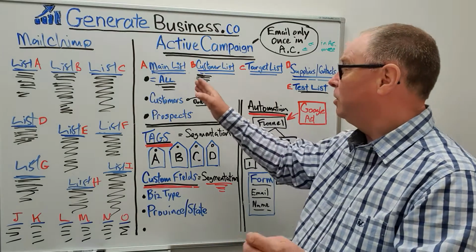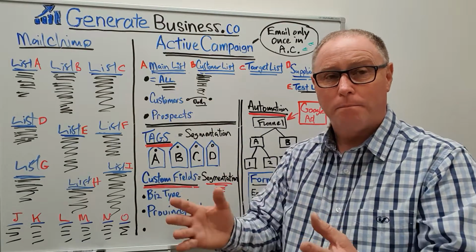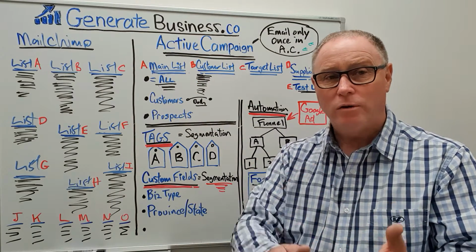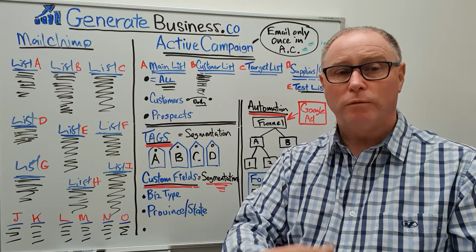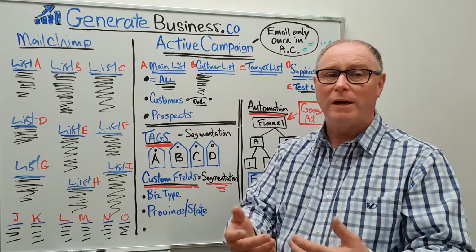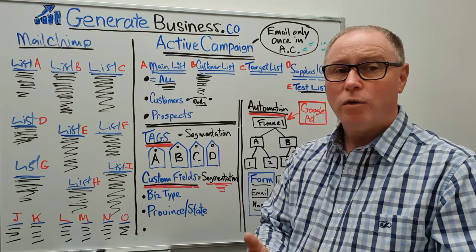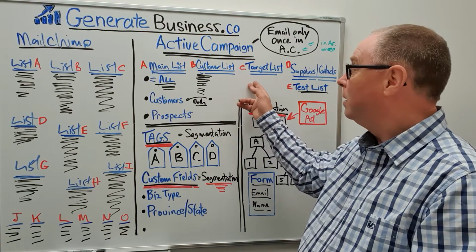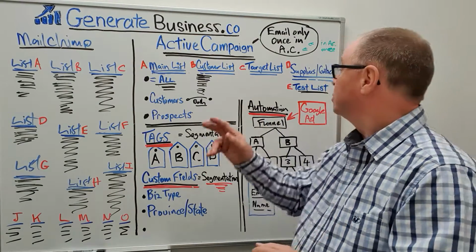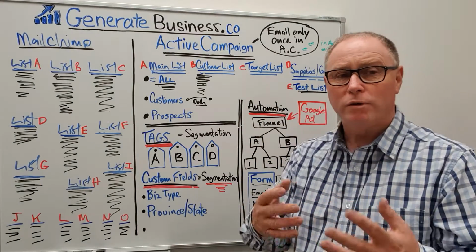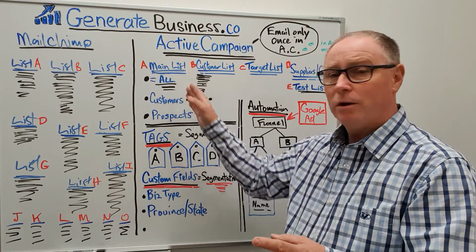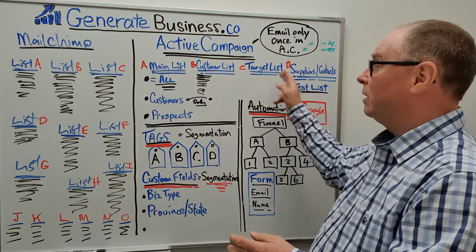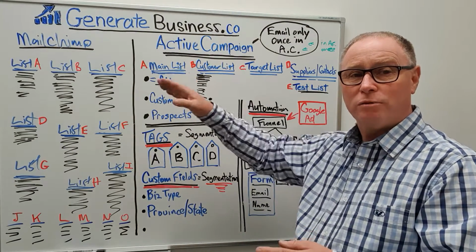You want to target them, but you don't want them getting your main newsletter, your normal weekly updates or whatever you're giving your customer base. That would be the exception to the rule. The other thing is suppliers. If you've got suppliers or contacts you don't want on newsletters but you do want to communicate with, have them as a separate list that's not on main. That would be the exception to the rule.